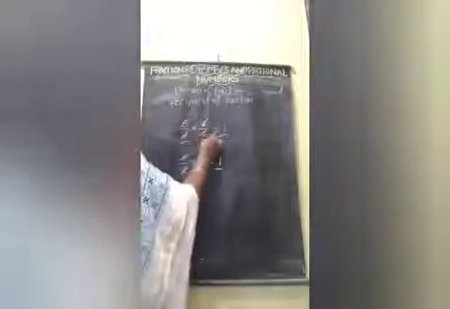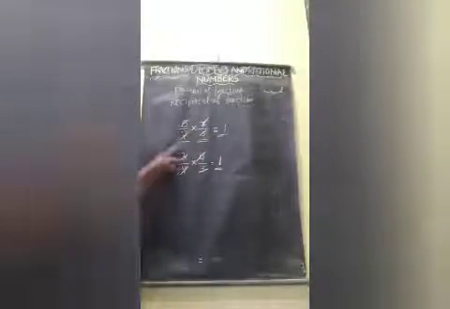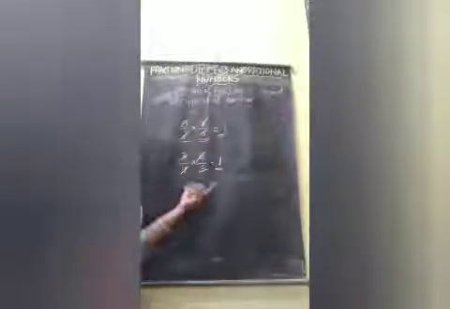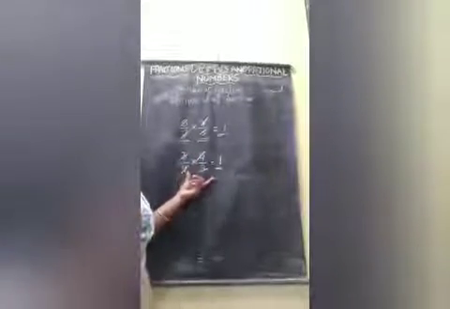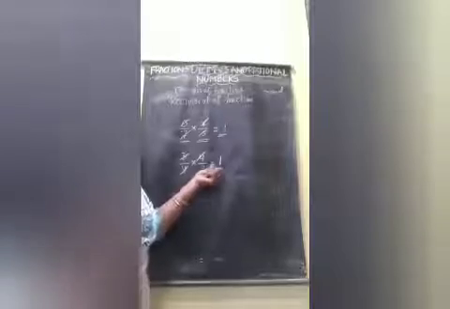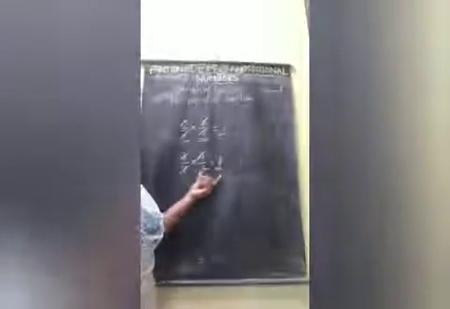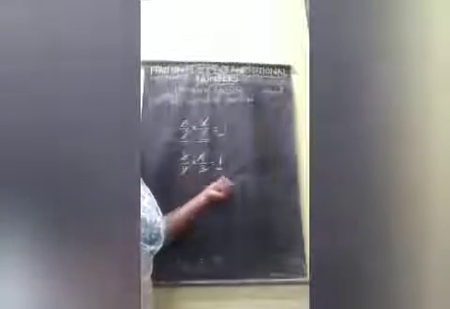These two fractions are reciprocal of each other. Any two non-zero fractions multiplied together, if you get 1, these fractions are reciprocal of one another.